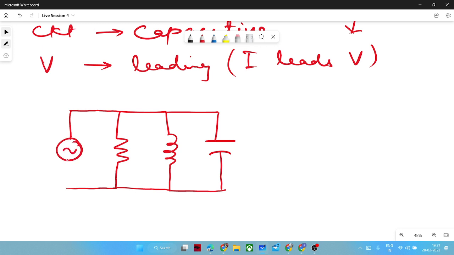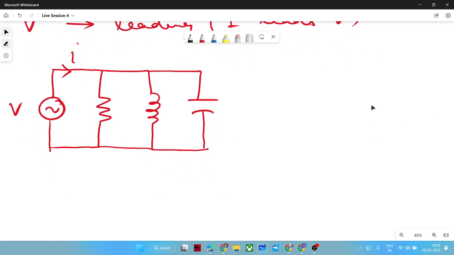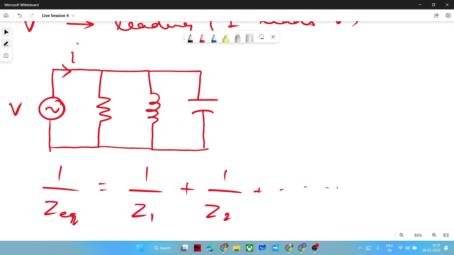So we have a voltage source which will supply certain currents. Now in parallel, recall the concepts from 12th class: 1 by Z equivalent will be equal to 1 by Z1 plus 1 by Z2 plus so on, as the elements are connected in parallel.